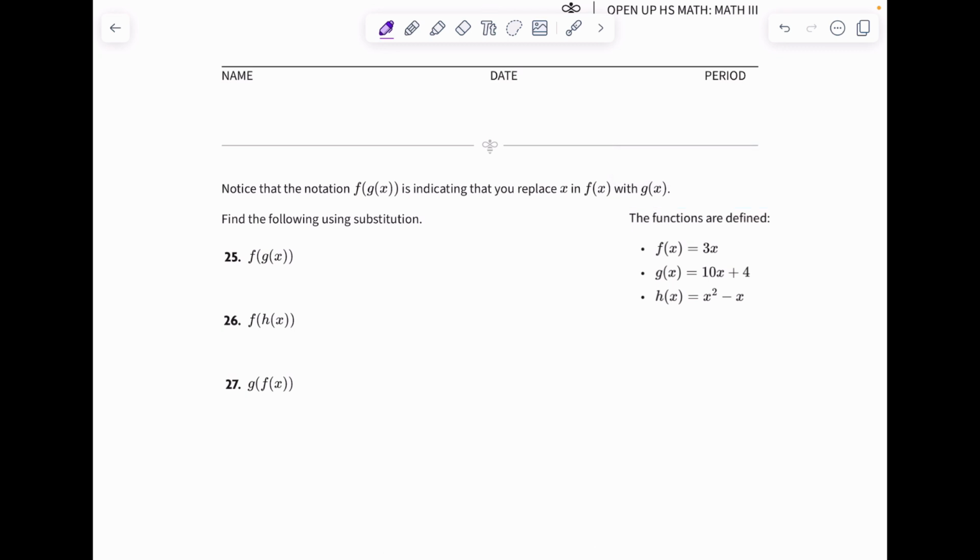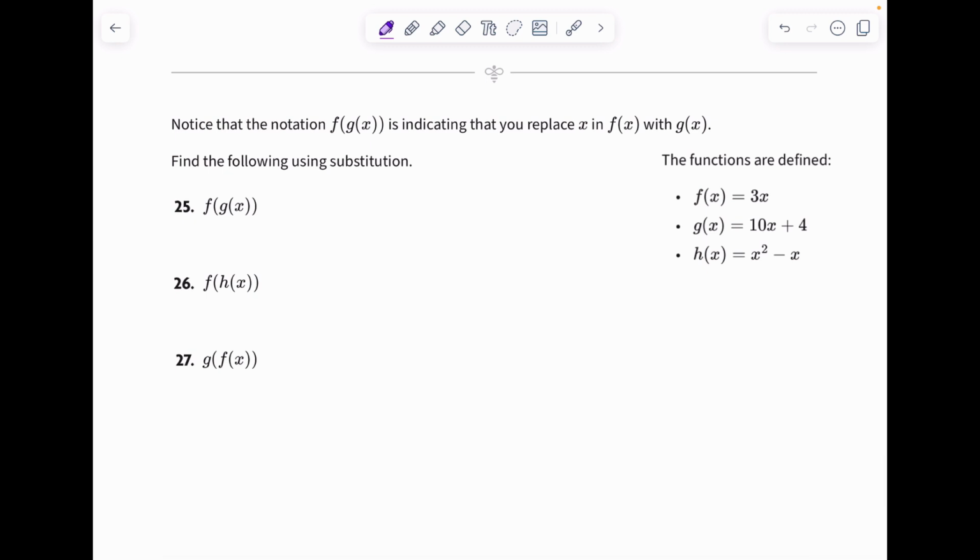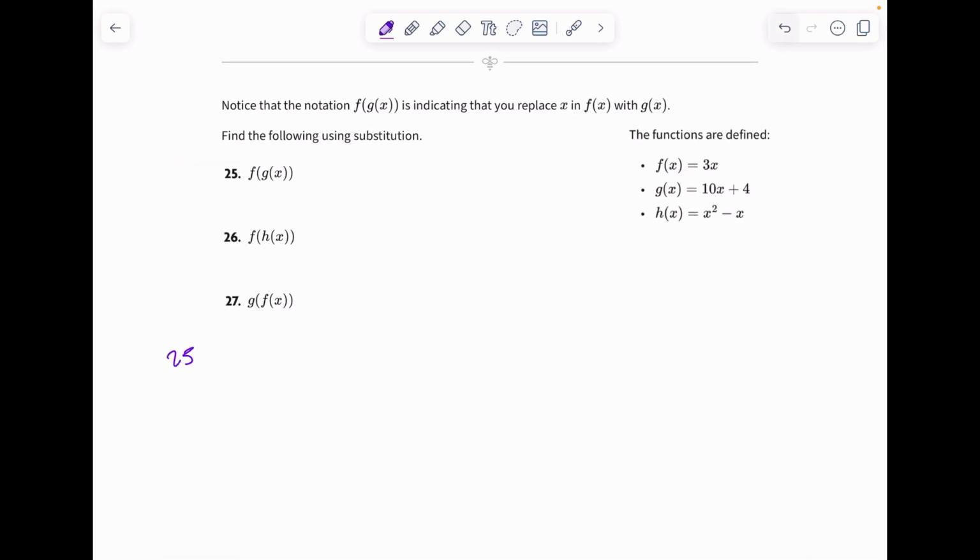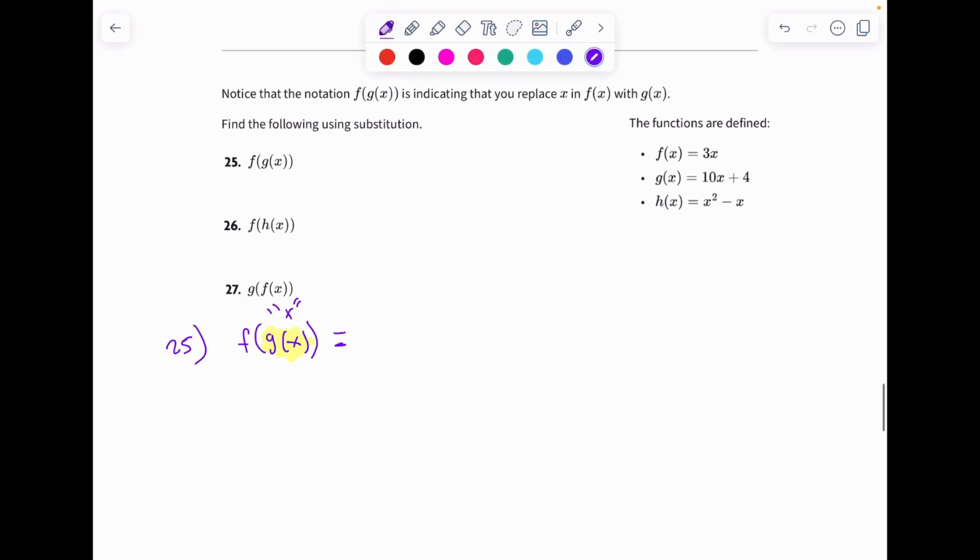Notice the function f of g of x is indicating that you replace x in f of x with g of x. So let's do this on a bigger scale. 25, it's f of g of x, is equal to. You have to think about this entire thing as being your x. So this is going to be 3 times g of x.